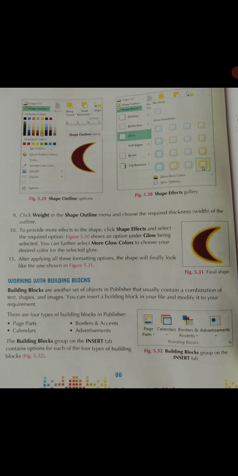Change the paragraph and write, in Publisher, there are 4 types of building blocks.